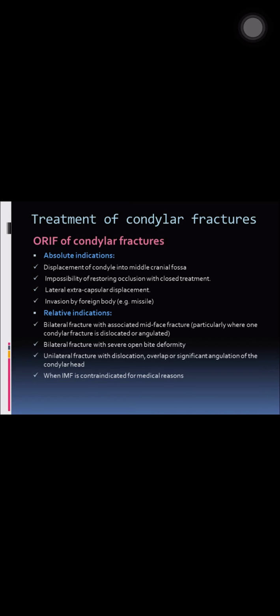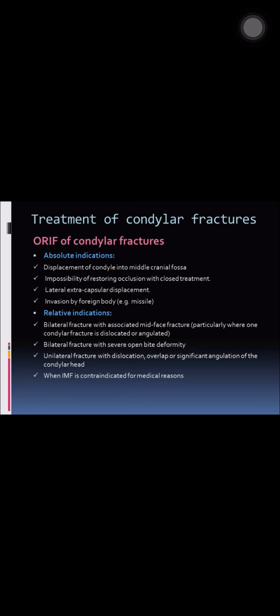Open reduction and internal fixation of condylar fractures. We have absolute indications: displacement of condyle into middle cranial fossa, impossibility of restoring occlusion with closed treatment, lateral extracapsular displacement, invasion by foreign body, for example missile.